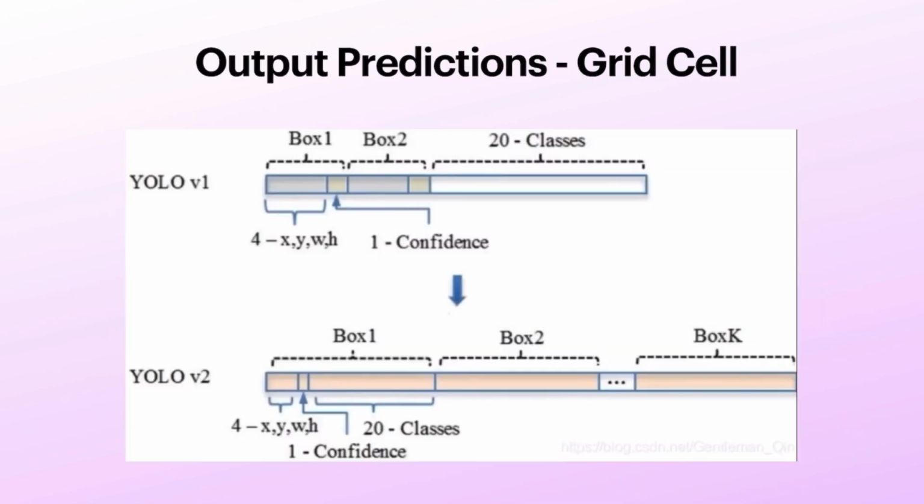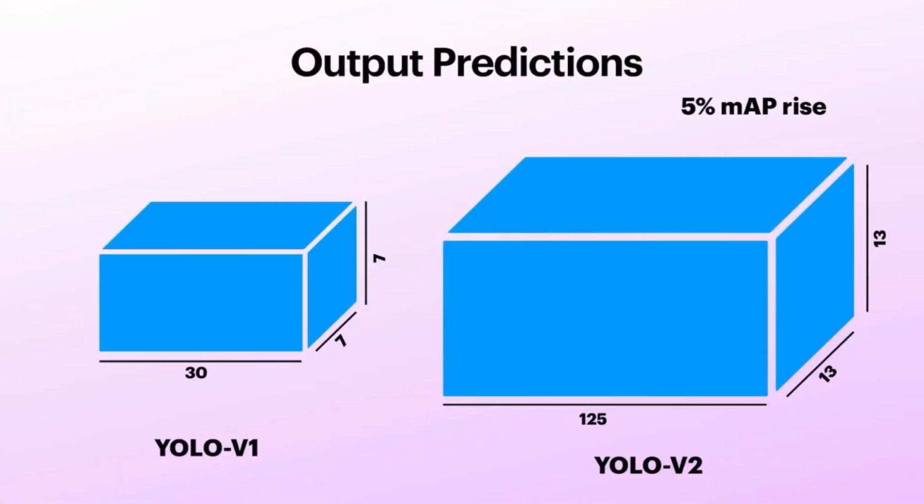This is how the output predictions look like. If you have k boxes, let's say we have 5 boxes here, k equal to 5. For every box you have the coordinates, the confidence score, and the class probabilities. In YOLO-V1 you have only coordinates and confidence for 2 boxes and class probabilities are common, whereas here for every box you have the class probabilities in YOLO-V2. This is the main difference between the output predictions.